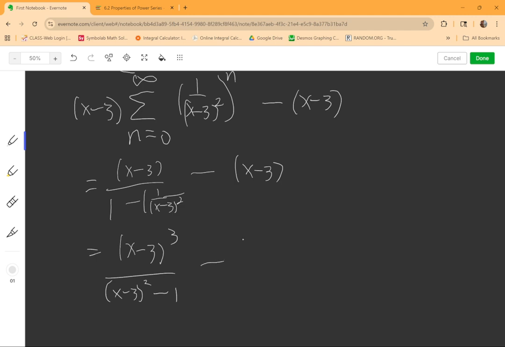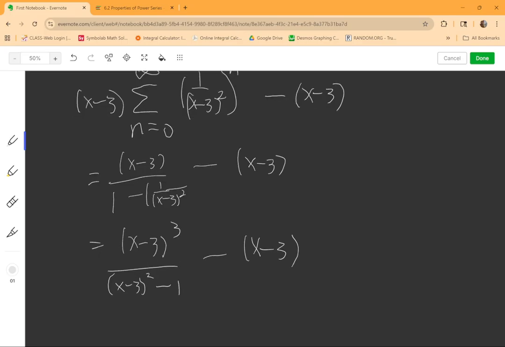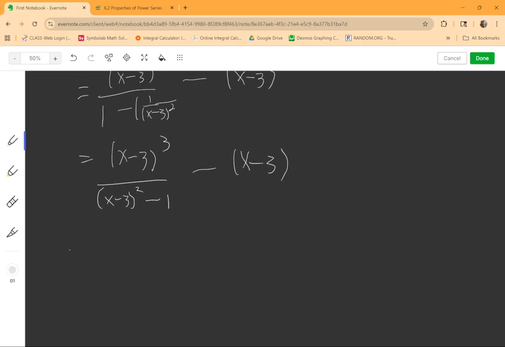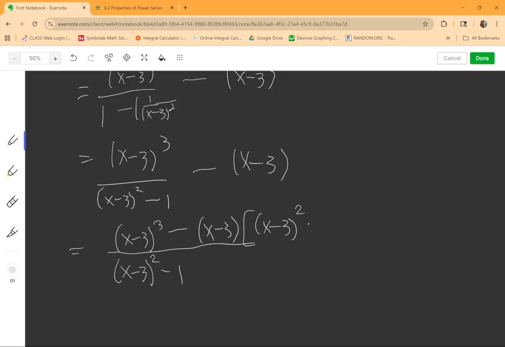And now minus x minus 3. Okay, so I'm going to rewrite this as just one rational function. So that's x minus 3 cubed, minus x minus 3 times x minus 3 squared minus 1, all over x minus 3 squared minus 1. All right, multiplication by the common denominator.